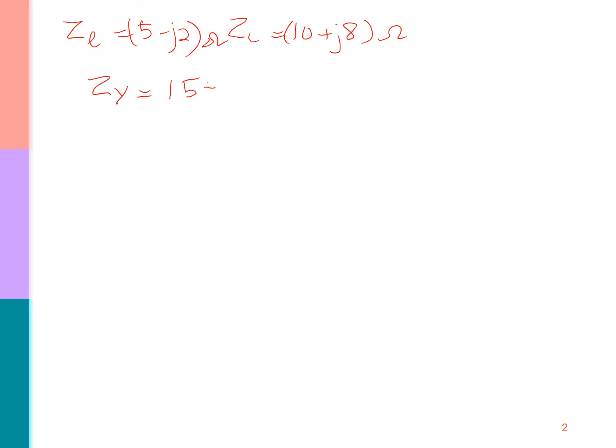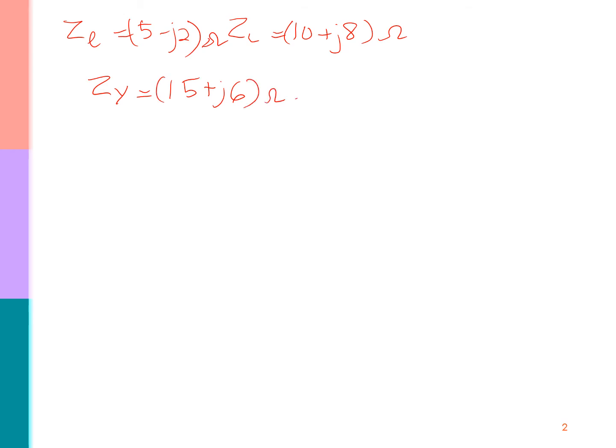Since Z line is equal to 5 minus J2 and Z load is equivalent to 10 plus J8 ohms, then ZY will be 15 plus J6 ohms.